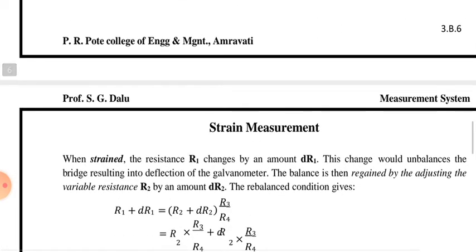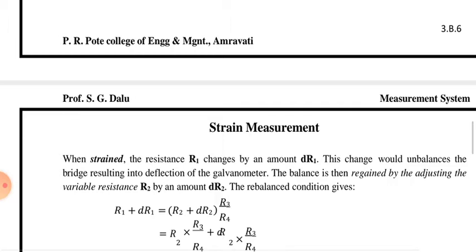When strained, the resistance R1 changes by an amount dR1, as it is a transducer resistance. So R1 changes by dR1 when there is a strain condition.